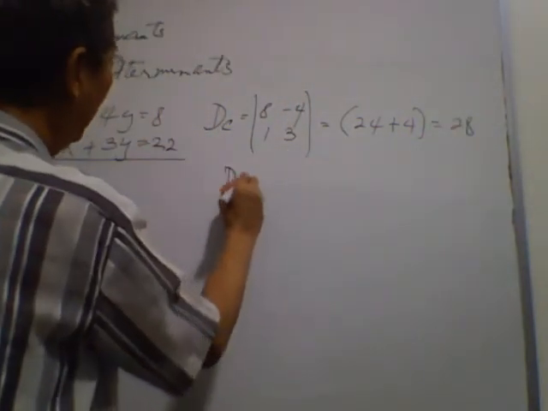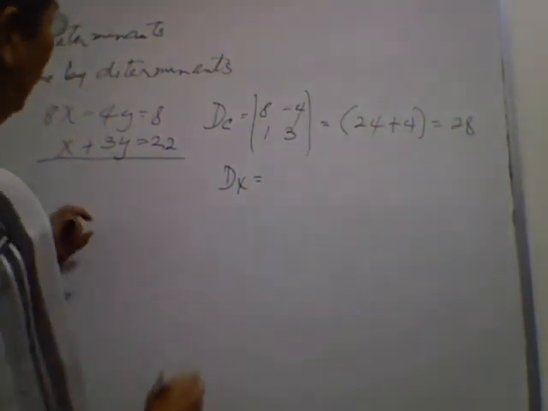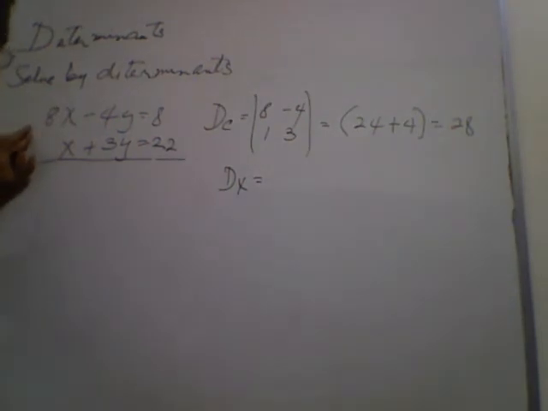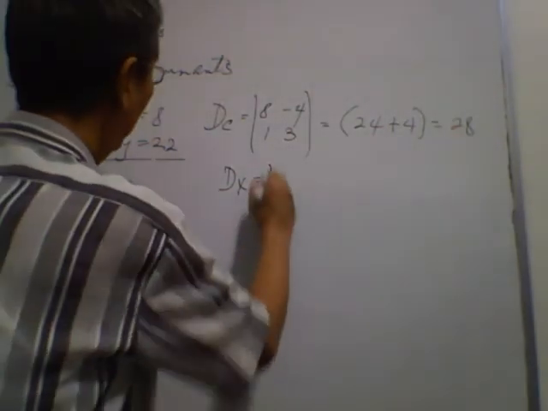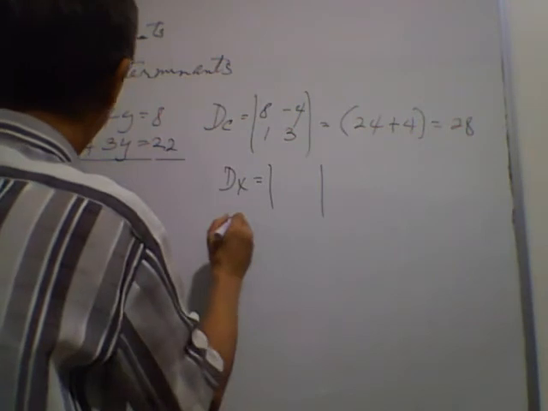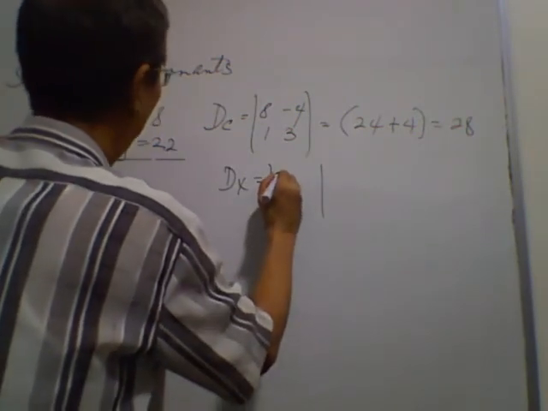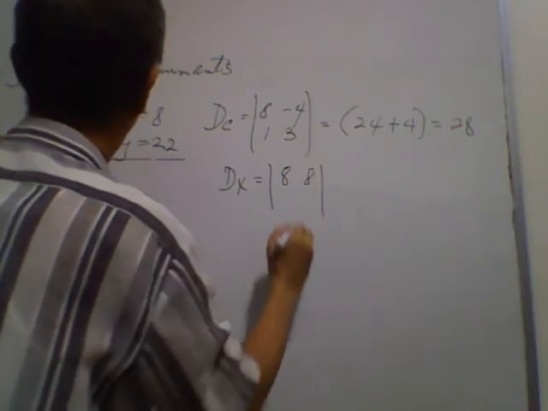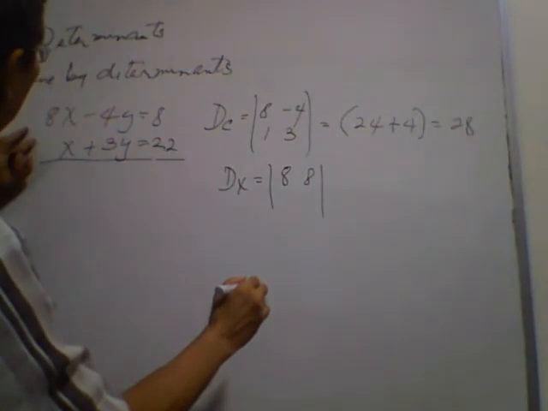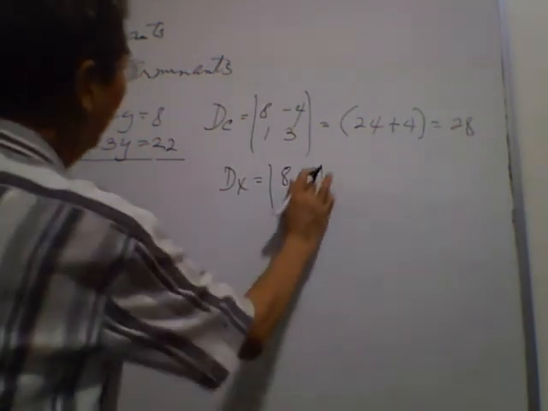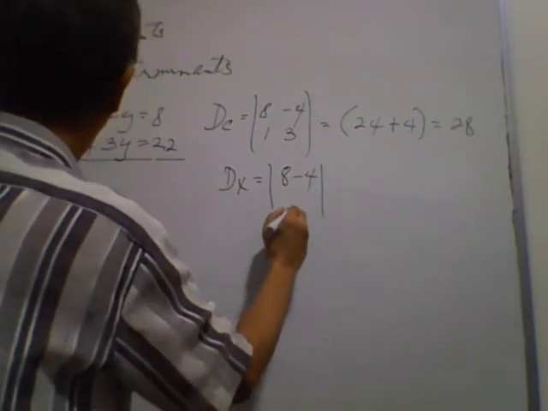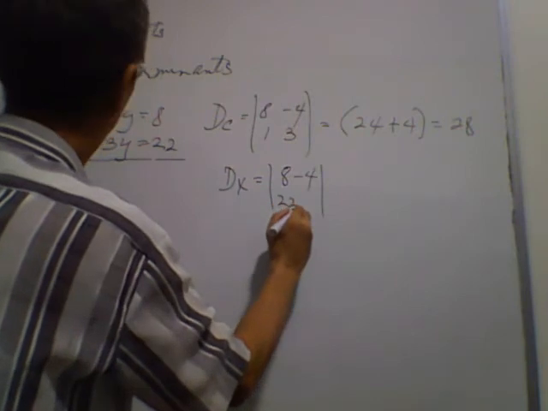For dx, again, we substitute the constants to the numerical coefficients of x in the equations. So it happens that the value is the same as the constant. So we have here 8 and -4, and 22 and 3.